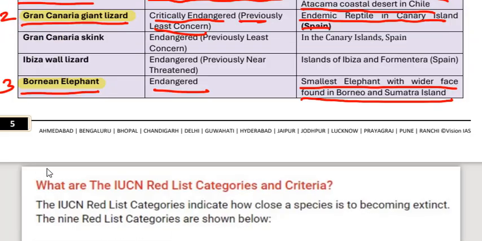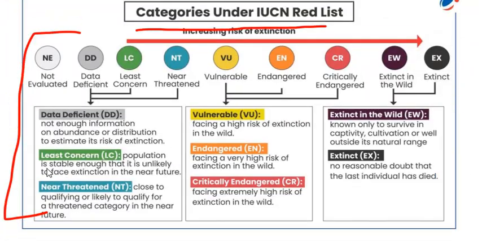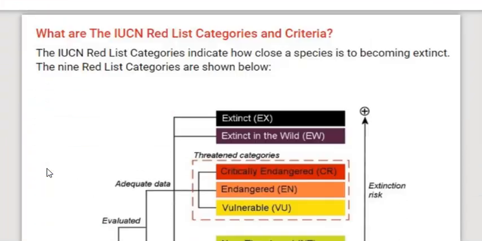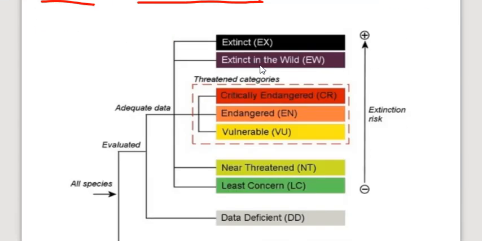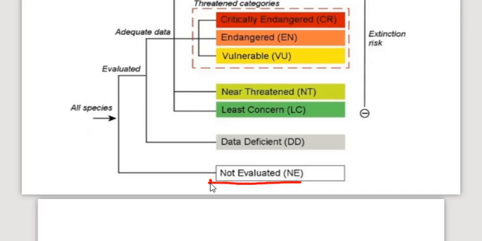Okay, I have already told you, I have discussed this IUCN list here. Just see, the IUCN red list categories indicate how close a species is to becoming extinct. The 9 red list categories are shown below. We don't need to go into detail of not evaluated.